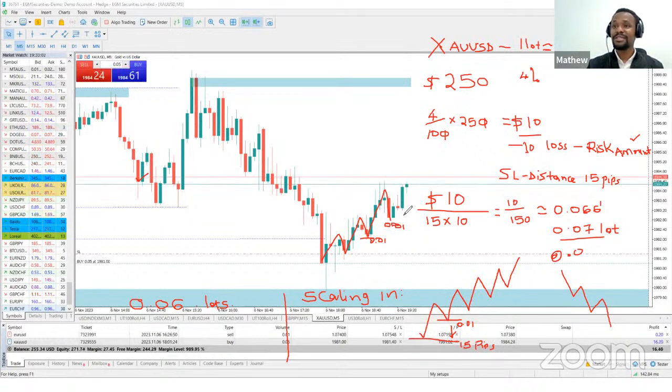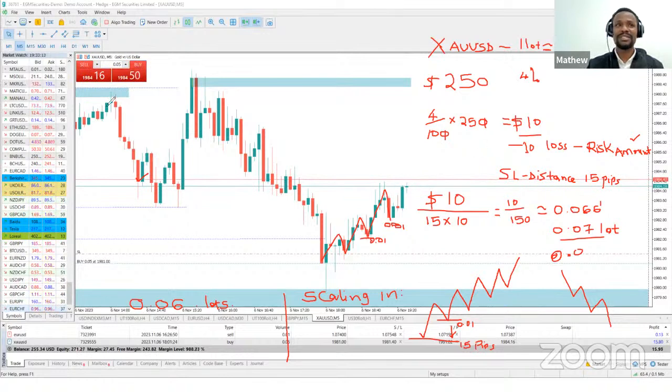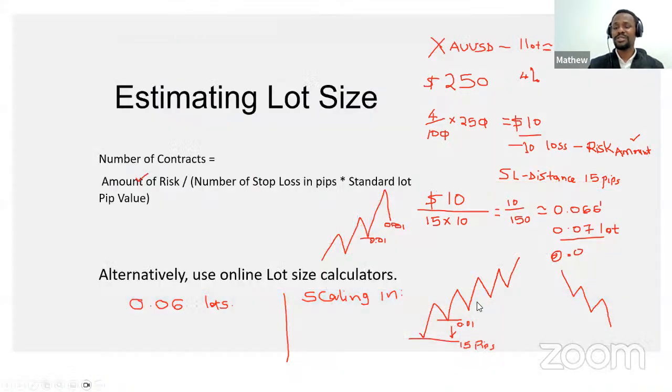You don't have any losses. You have taken profits, right? So that is scaling in and its advantages. You fill in your positions at different intervals because you're being cautious of the possibility of the price pulling back and reversing. Okay, that is with the scaling in.